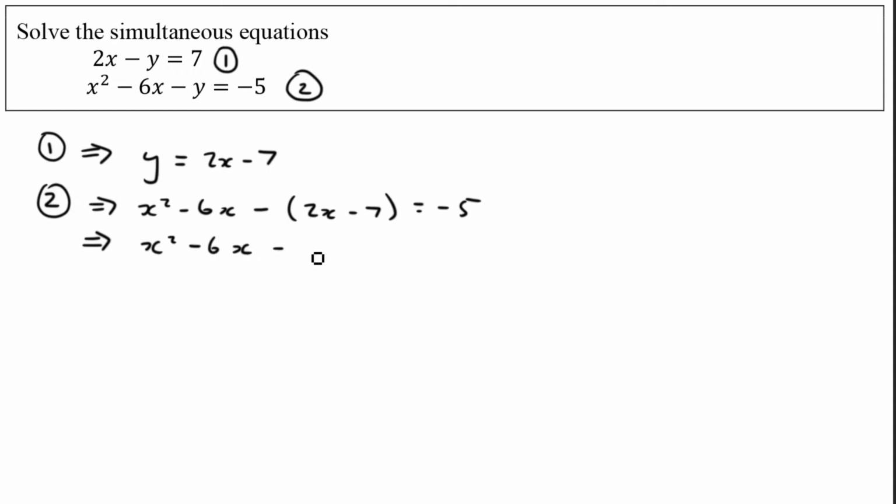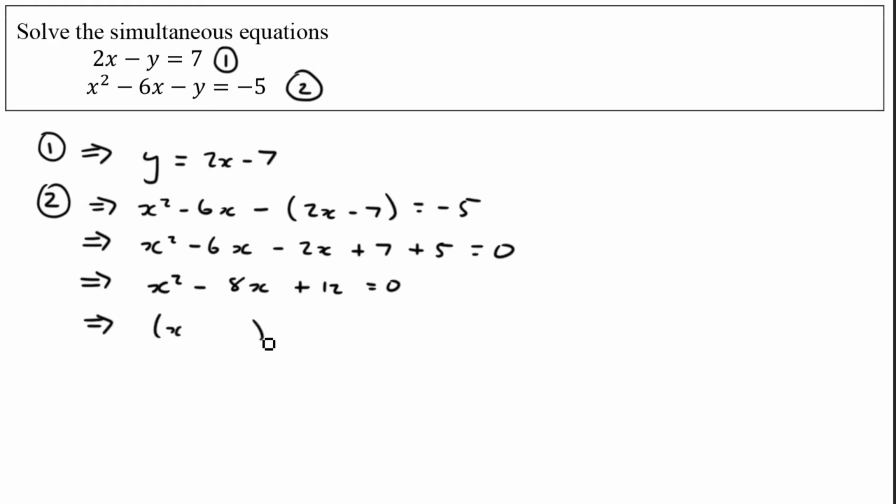X squared subtract 6x subtract 2x plus 7, and let's also add the 5 to both sides as well, is equal to 0. So we have the quadratic x squared subtract 8x plus 12 is 0. Let's optimistically hope that we can factorize that.